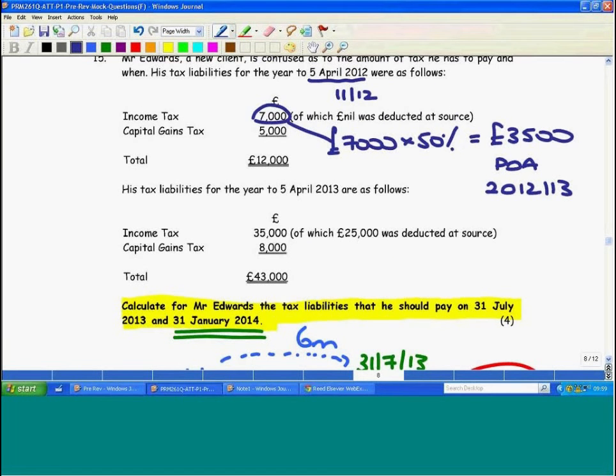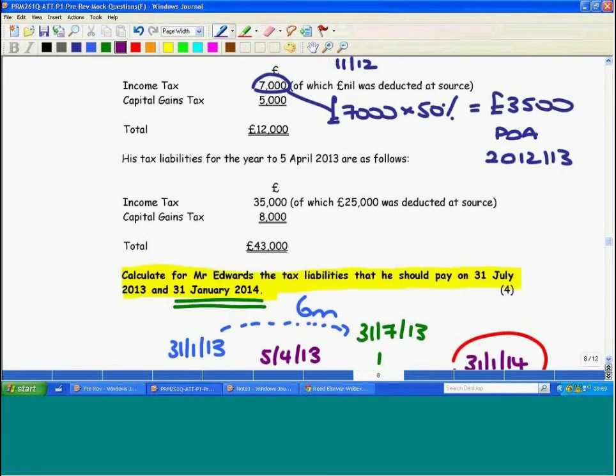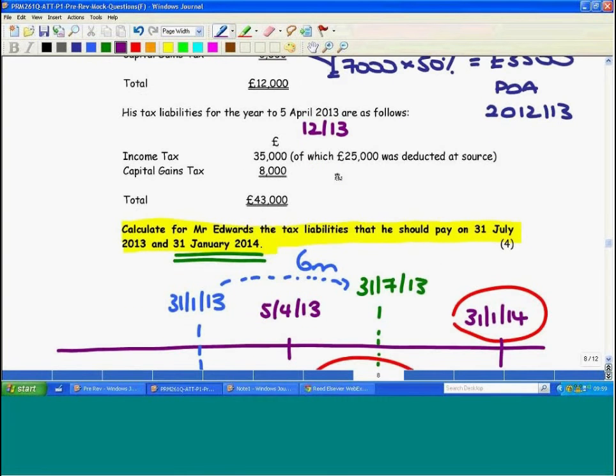Now what we also have is tax liabilities for the year to the 5th of April 13. So again, if we just have a look at the tax year, this time round we're looking at the 12-13 tax year. Now what we've got to remember is we've already just paid 2 lots of £3,500 towards this tax payable figure.